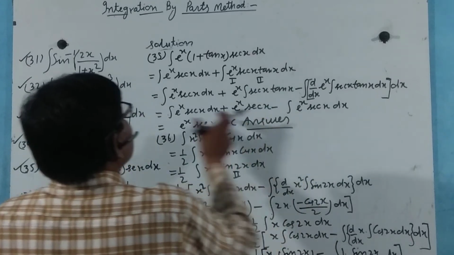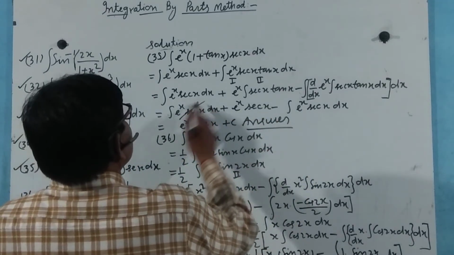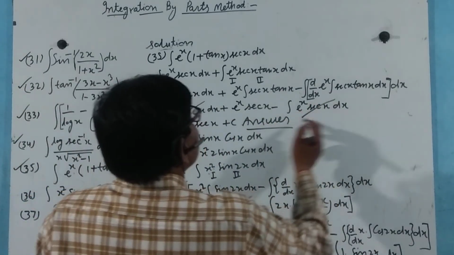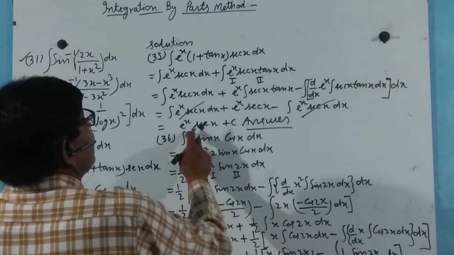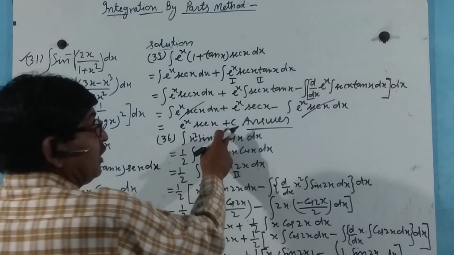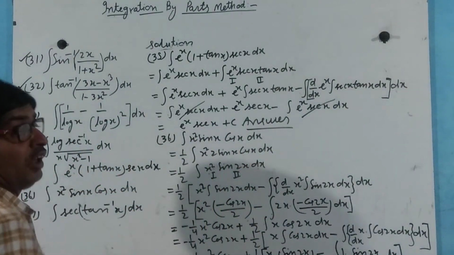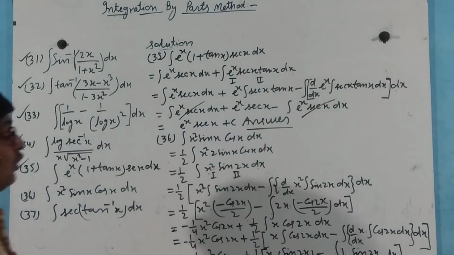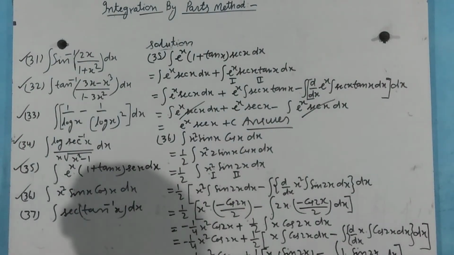Now these terms and these terms both are the same, this is positive and this is negative, cancel, only e to the power x sec x and add integrating constant c here. This is our answer.